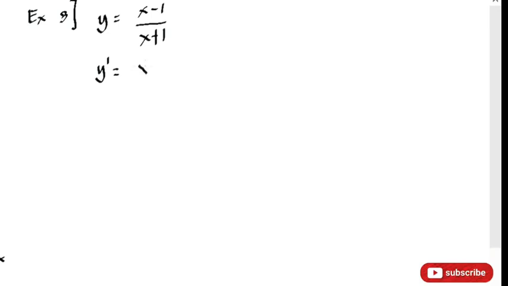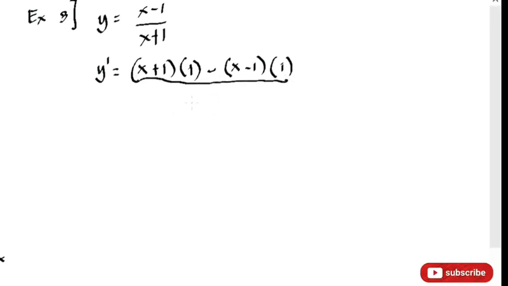What is our lower? X plus 1 multiplied by the derivative of this one. What is the derivative of this one? We have 1, minus yung upper. What is the upper function? That is x minus 1 multiplied by the derivative of the lower. Ano yung derivative nito? 1 lang din. Over yung square ng nasa ilalim, so that is x plus 1 squared.